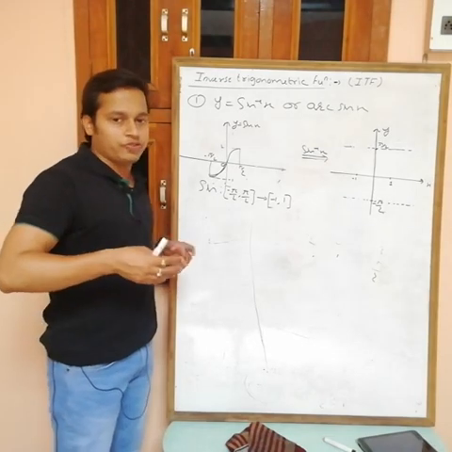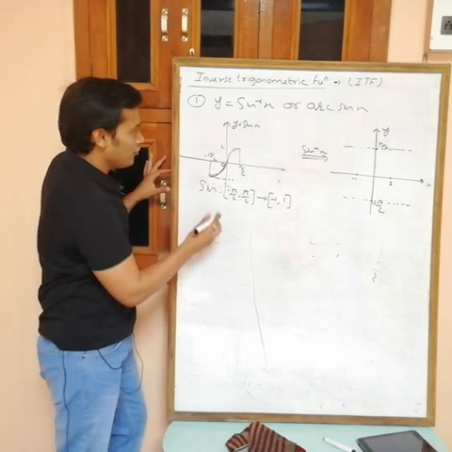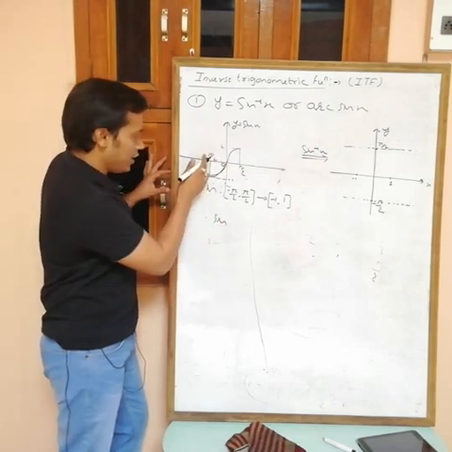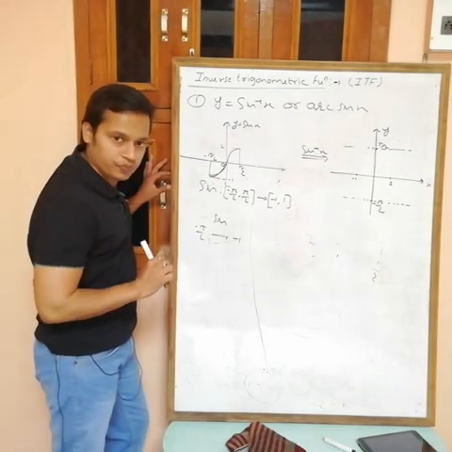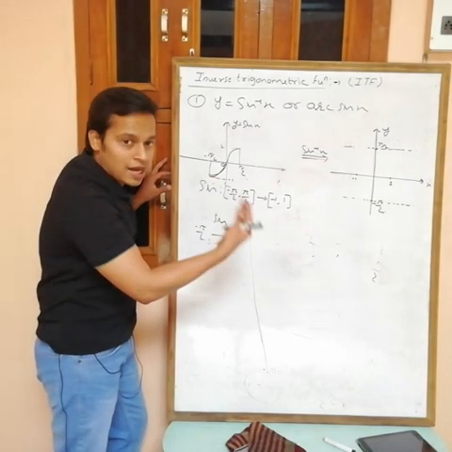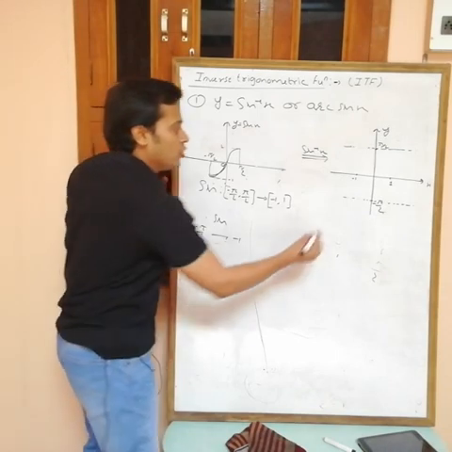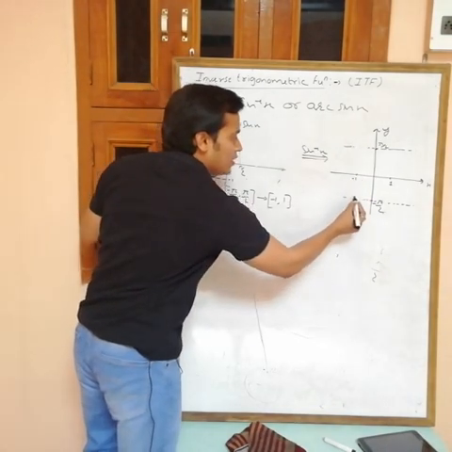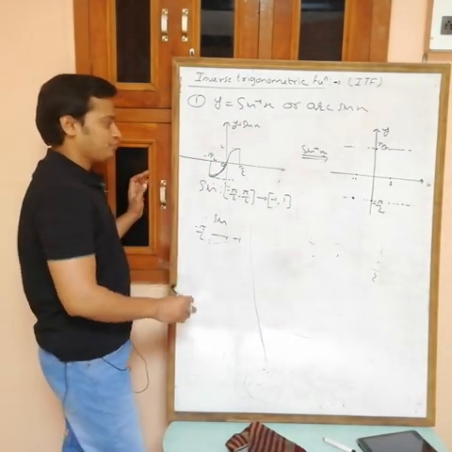To draw the graph, in case of sine, the value of sine at minus pi by 2 is equal to minus 1. So the value of sine inverse at minus 1 is equal to minus pi by 2. Okay, clear?